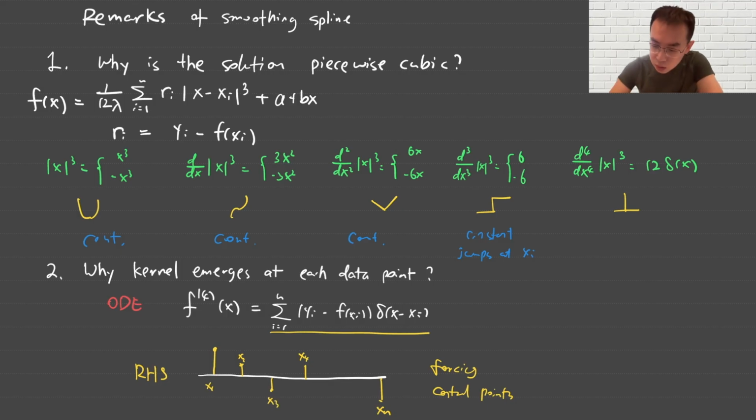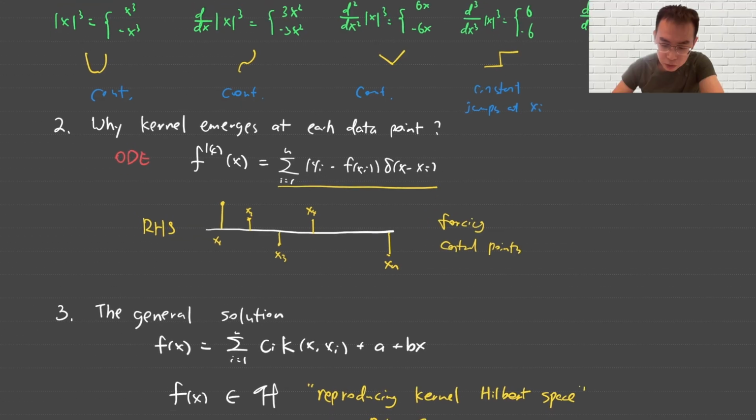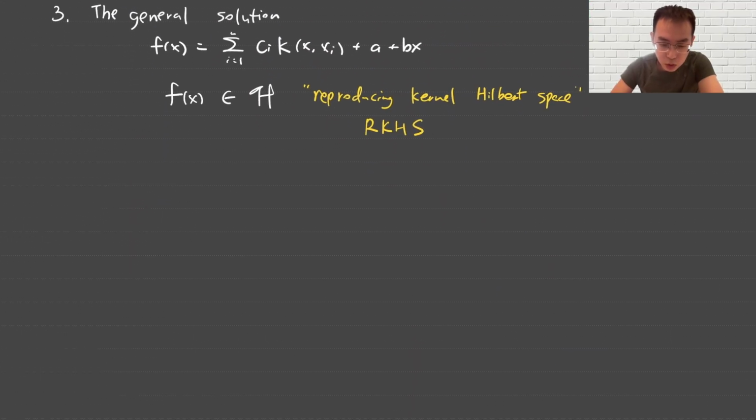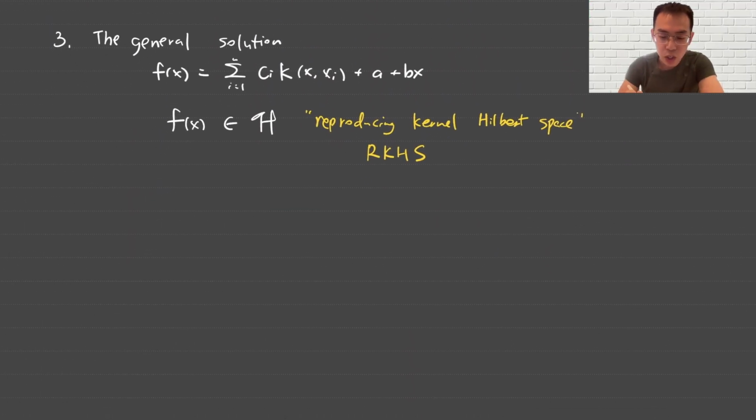Okay. Now let's look at the third remark. The third remark I want to make is about the general solutions for nonlinear problems. Our smoothing spline solution can be written in this form, f(x) is the sum of the kernel functions with some coefficients ci.